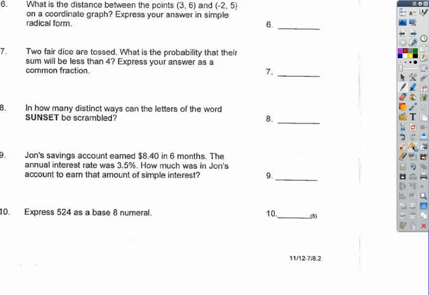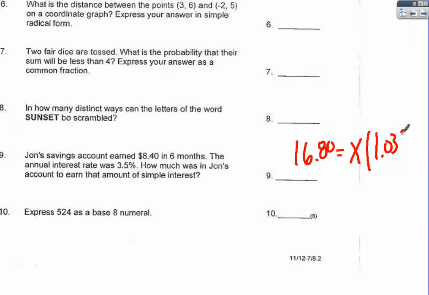So I would assume in a year, he's going to earn 16.80, right? So the question is 16.80 is going to be equal to something times 1.035, right? So then I divide this.